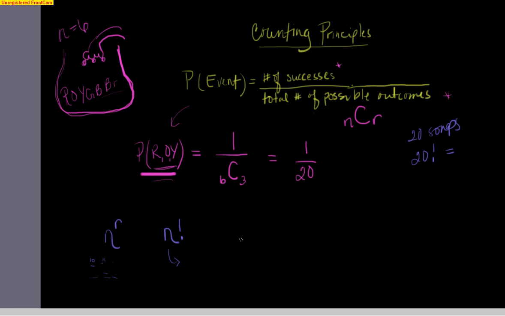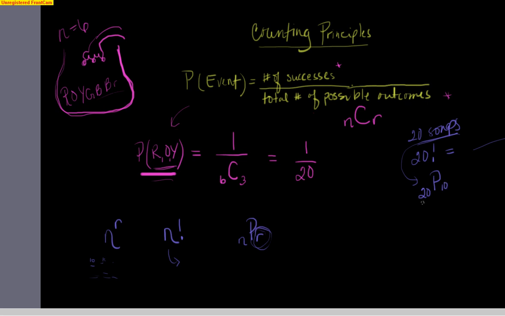Check it out. Then we have the permutations, nPr, where you're arranging only r out of a set of n. So if you go back to those 20 songs, how many ways can I arrange 10 of the songs? 20 factorial would be how I arrange all of them. But let's say I only want to choose 10 out of the 20, and then I want to arrange those.